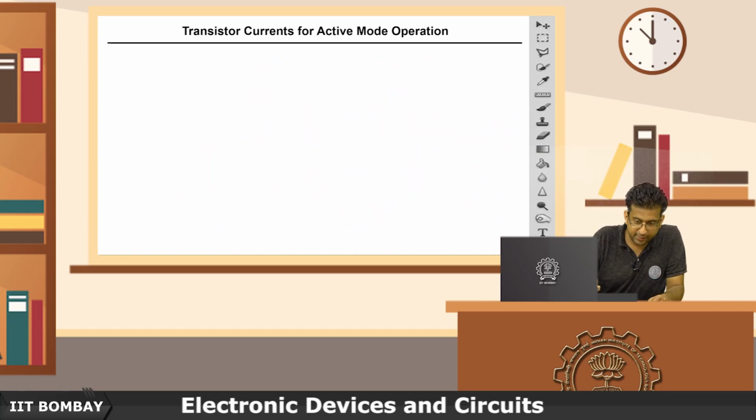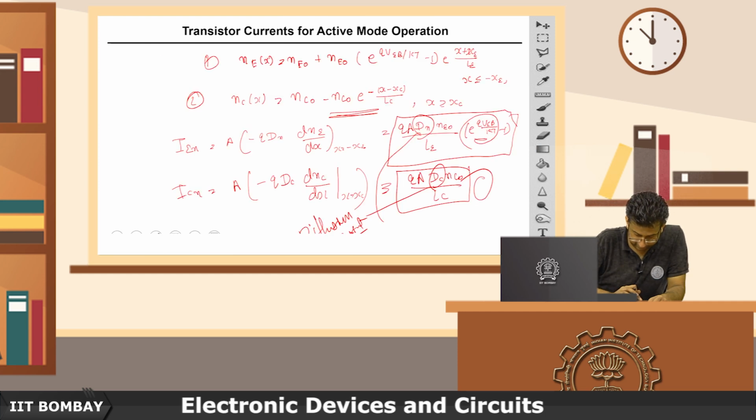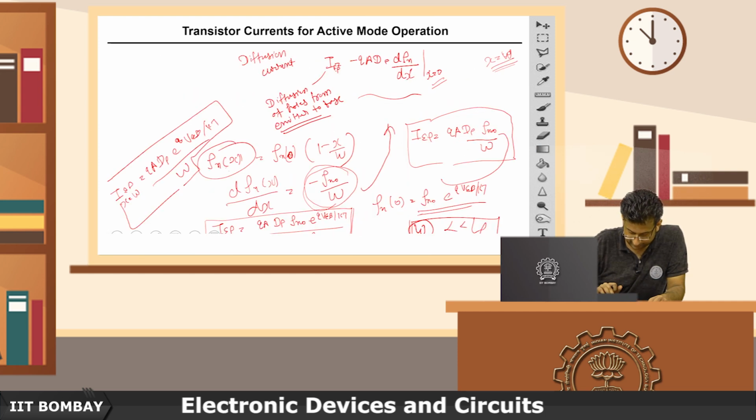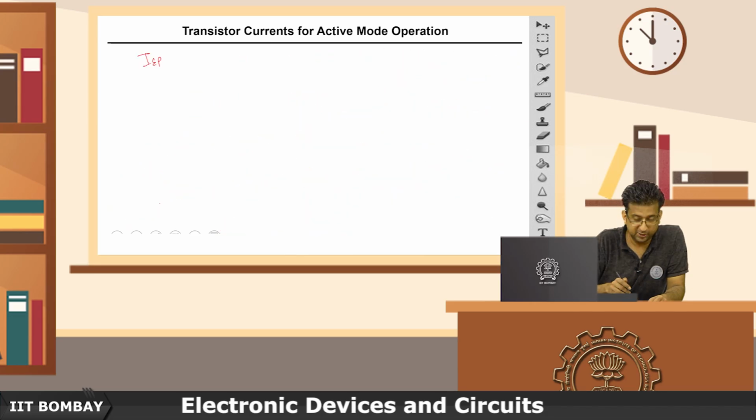So the IEP we calculated, I am talking about this current IEP, I will just write down the equation here. It is QADP divided by W, Pn0, and e raised to power QVEB by KT.